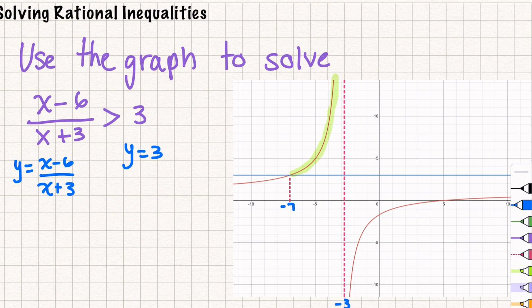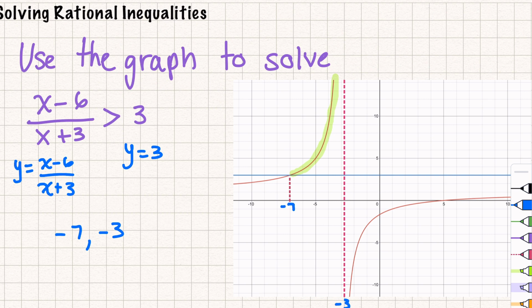So what happens at -3? Well, now our graph is below this horizontal line. When we write our answer, we're going to say that (x - 6)/(x + 3) is greater than 3 between the values of -7 and -3. Now, which brackets should we use?